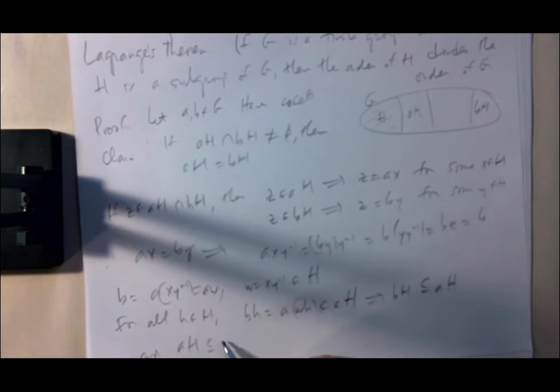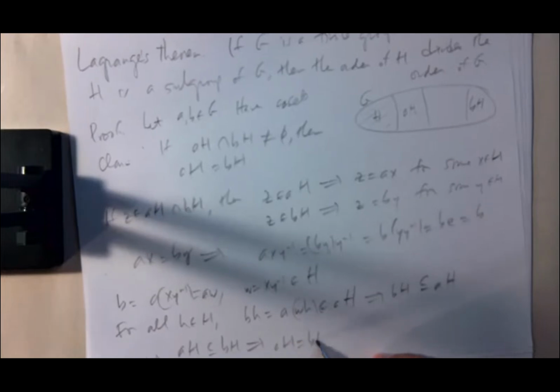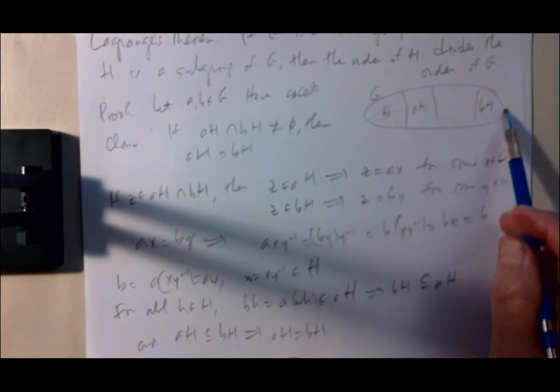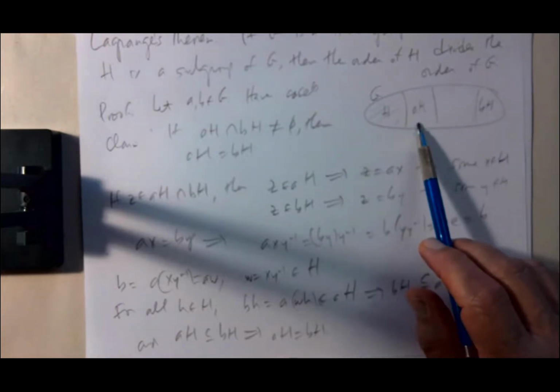You have to write it out. AH is contained in BH, so AH equals BH. So what this says is that in any group G and any subgroup H, the left cosets are pairwise disjoint. If you take two left cosets, if they're different, they in fact have no element in common.